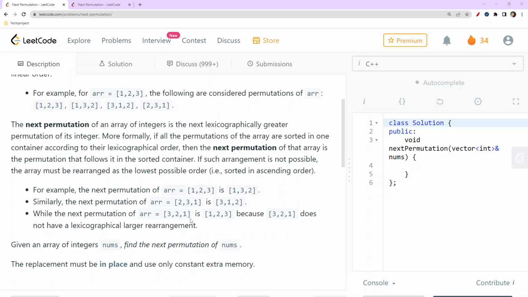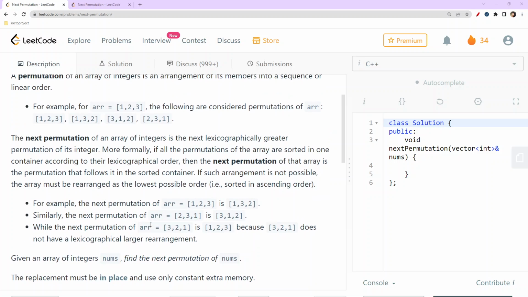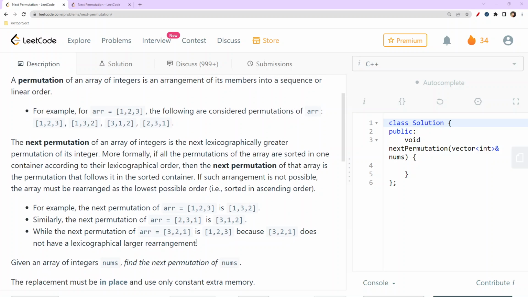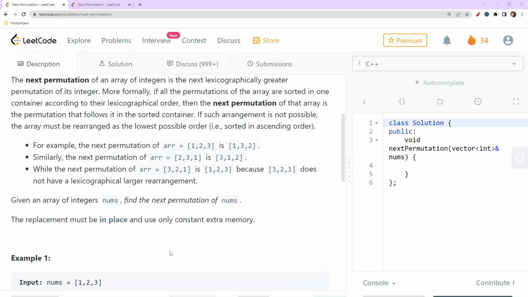So what we are doing here is simply sorting it in lexicographical order, because 3, 2, 1 does not have a lexicographically larger rearrangement. For the next permutation, we simply want the next lexicographically larger rearrangement, and that's the need of the question. The next thing is that the replacement must be in place and use only constant extra memory.